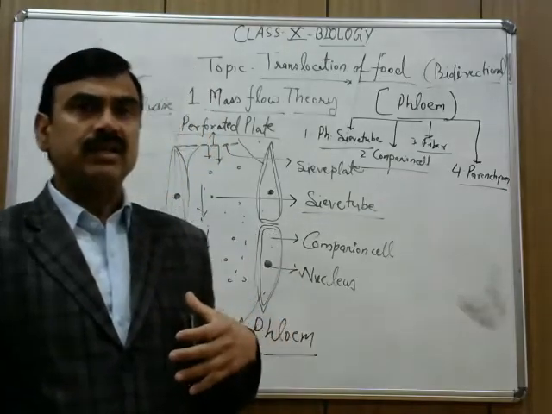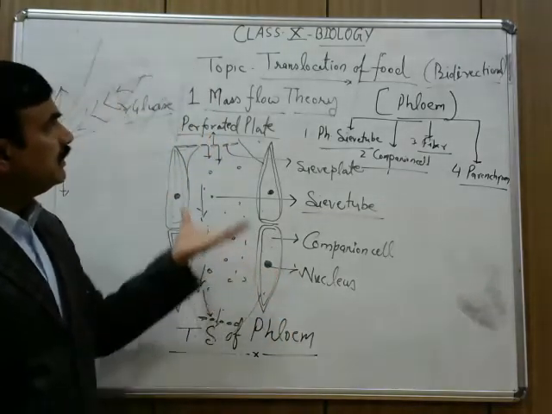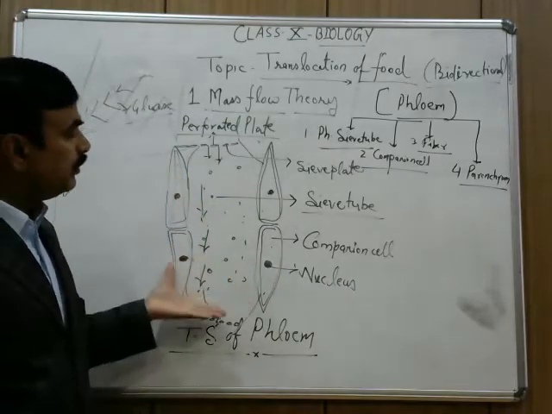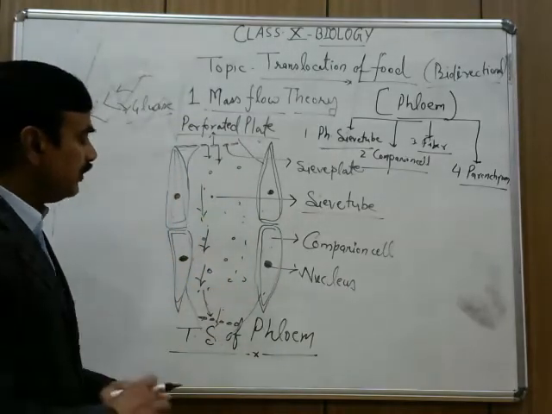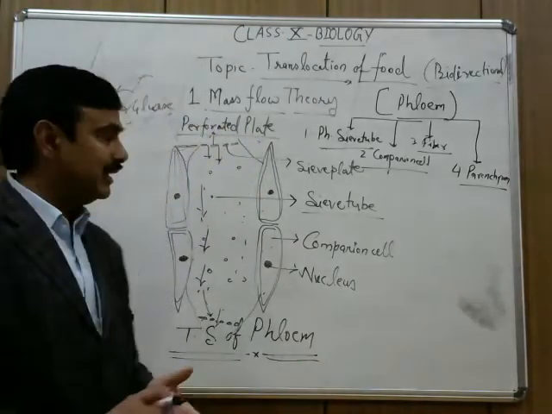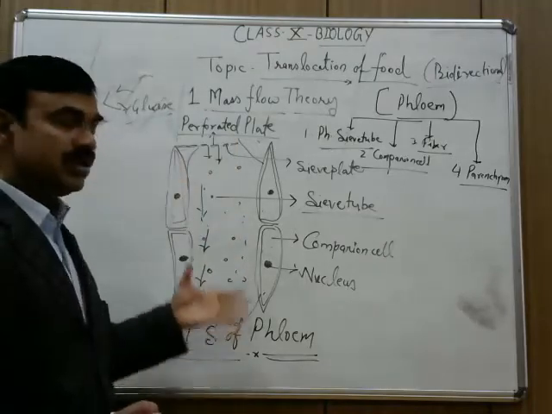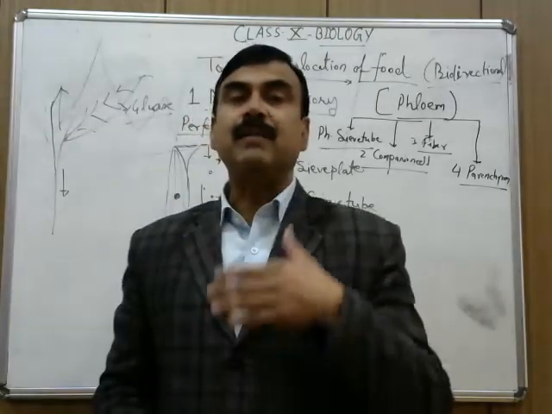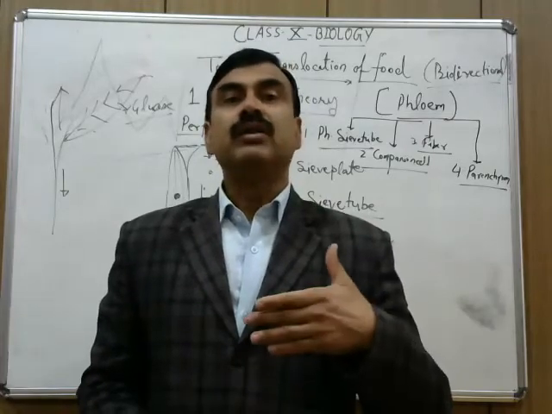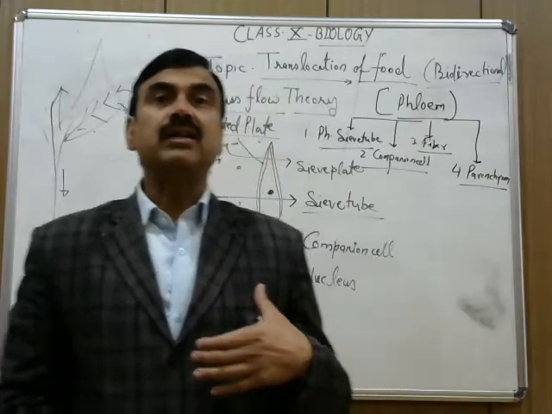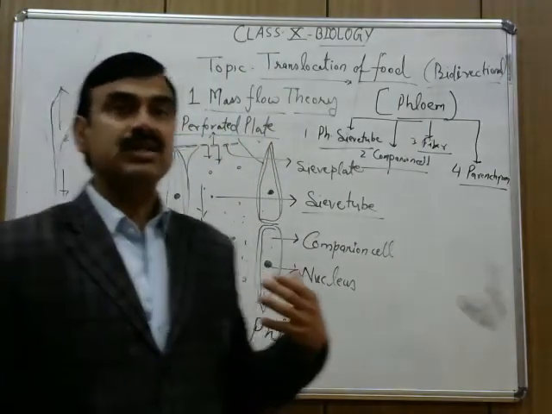But here, in this mass flow of the translocation of food, only one diagram would be required. Sometimes it could be asked in the examination how this translocation of food is completed in the plants, and which tissues are involved in this translocation.